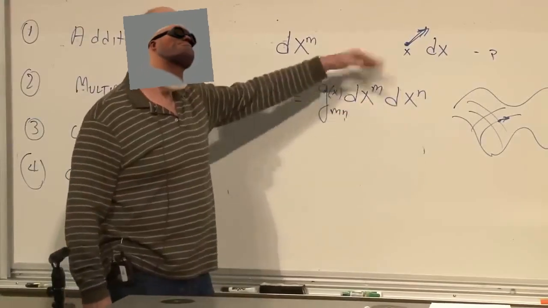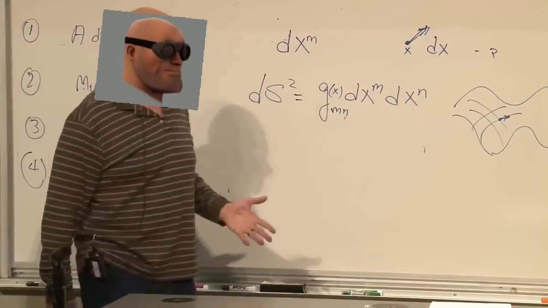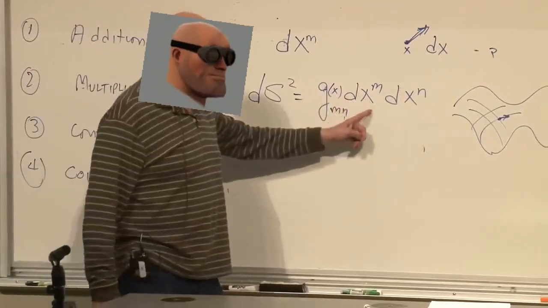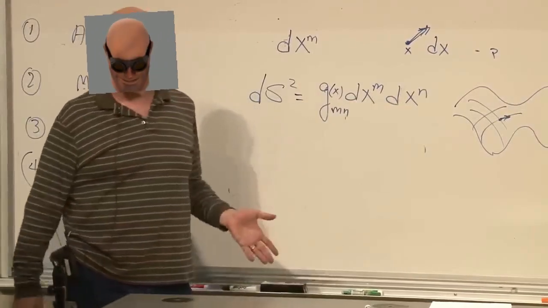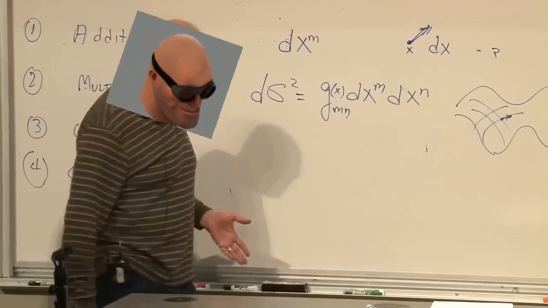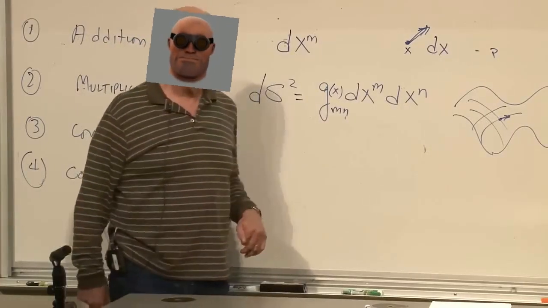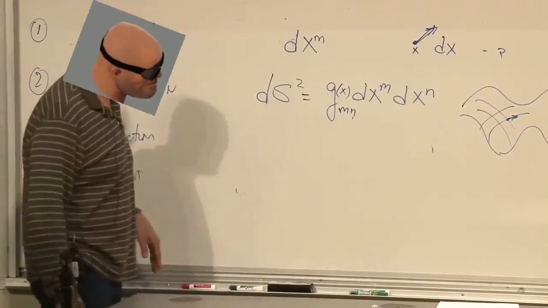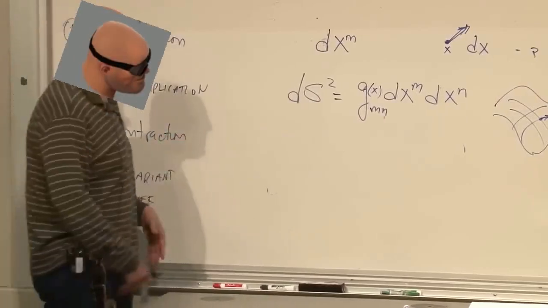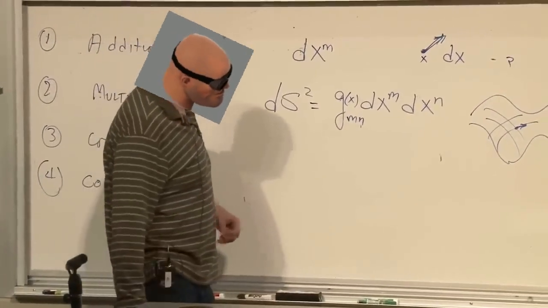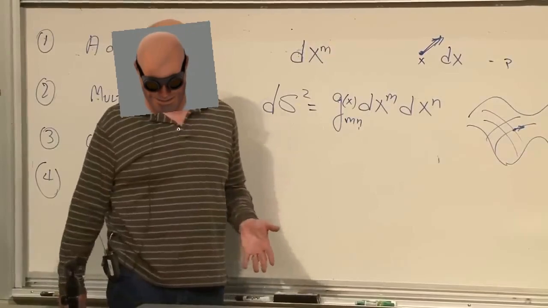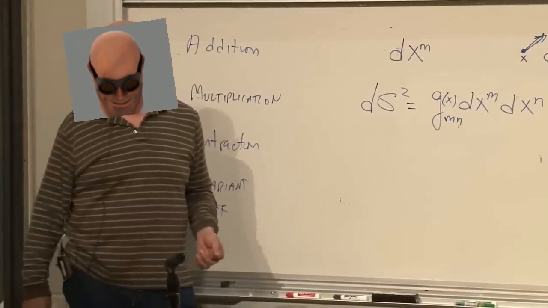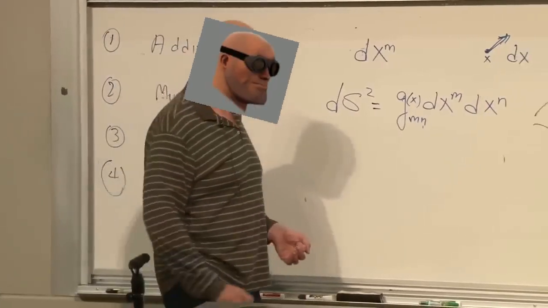You can multiply any one by any other one. And so you start with 16. But dx1 times dx2 is exactly the same as dx2 times dx1. So there's no point in having a separate g12 and a g21. Set them equal to each other. And then, if you count, you'll count that there are 10 independent ones. Oh, for 3-space, it's 6. Yeah, for 3-dimensional space, it's 6. Right.